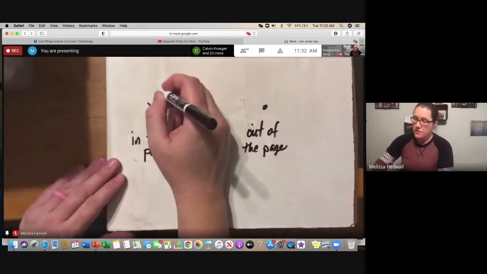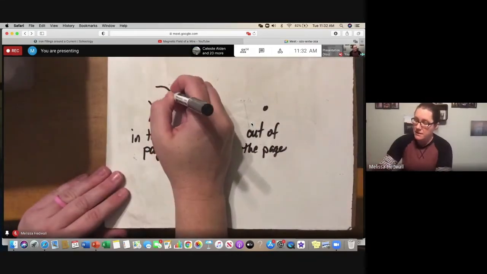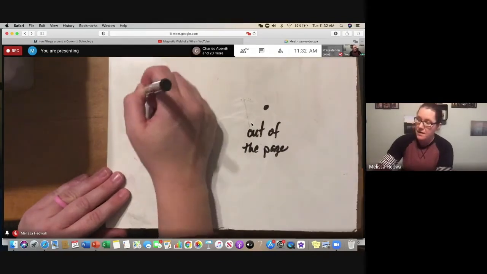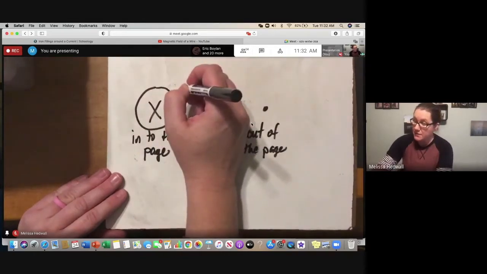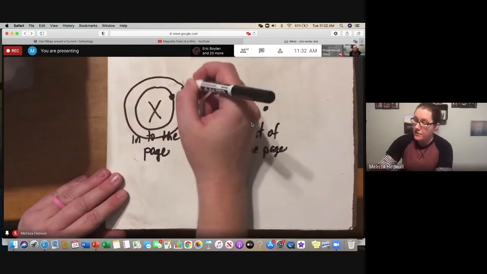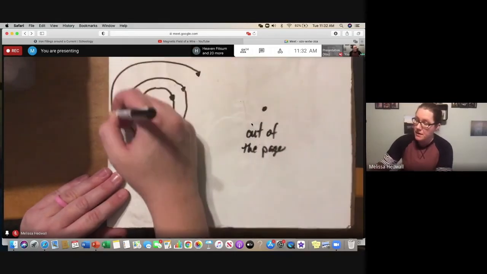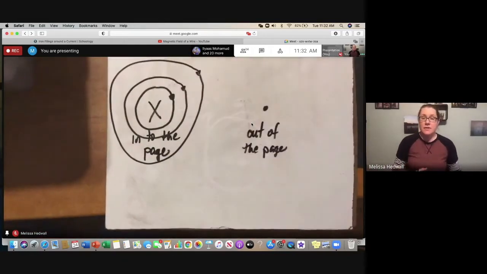So thumb into the page, wrapping around in a clockwise fashion, would give us a magnetic field coming around like this. And if I go out a little bit farther, it would still be in that direction. The farther out we get, the farther apart the lines will become. The farther apart the lines become, you're showing that it's a weaker magnetic field. So the close lines together mean that it's stronger than the lines that are farther apart.